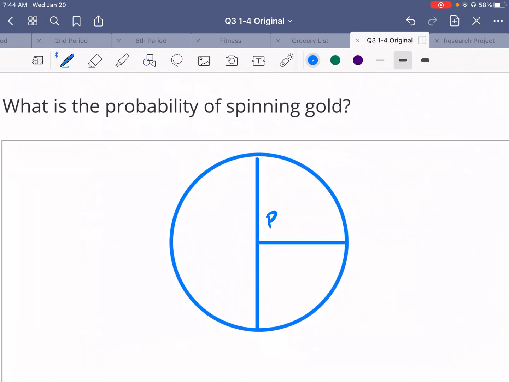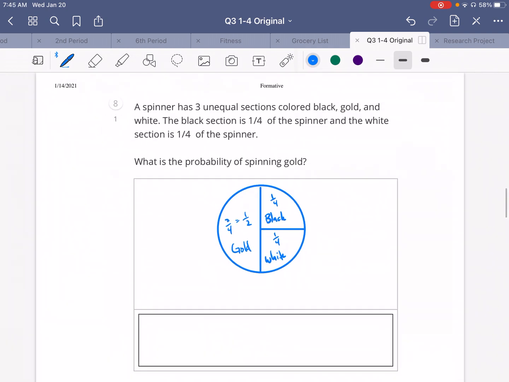All right, so we have black, white, and then the rest is gold. So if black is 1/4 and white is 1/4, that means gold is 2/4, right? Or 1/2. So gold would be 1/2.